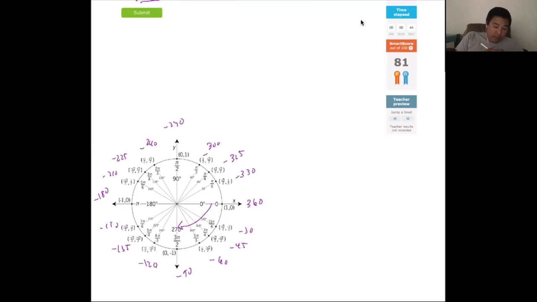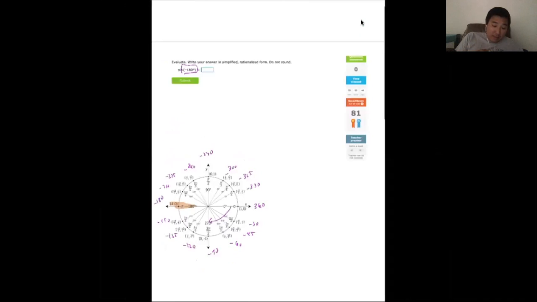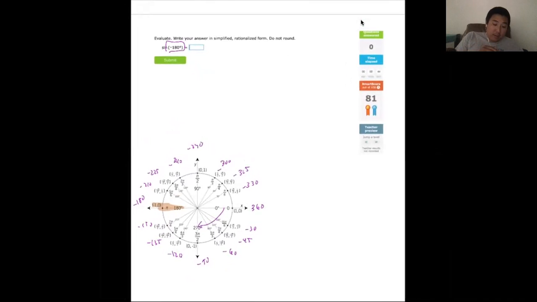So we want this one. That's -180, which just happens to be the same, and you want sine. Remember, it's cosine, sine, so that's going to be 0.